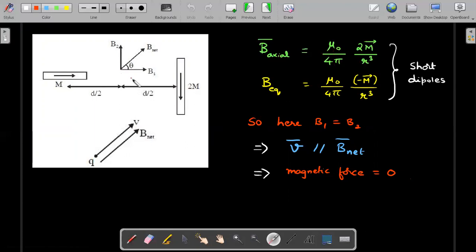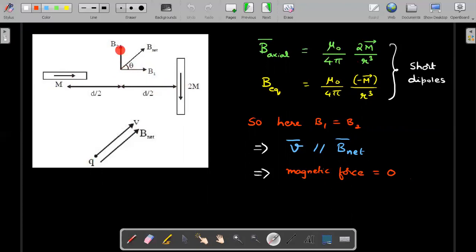So on the axial point, the field is actually parallel to the dipole moment. So if this m bar is this way, at this axial point here, it will be like this. On the equatorial, the 2 vanishes, it will become 1, and then m bar becomes reverse. So on the equatorial line, the field would be anti-parallel to m, and it would be this formula.